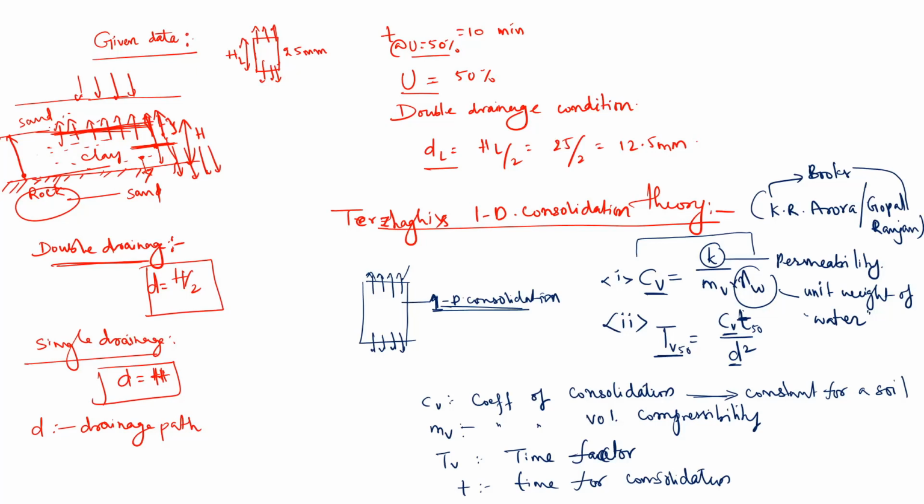Yeah, coming back to it. Here, there is a formula for the time factor, TV, which you can find out using U, where U is the percentage of the consolidation.